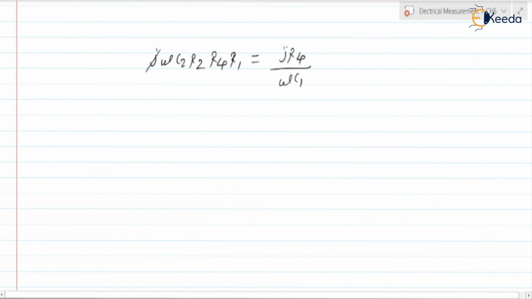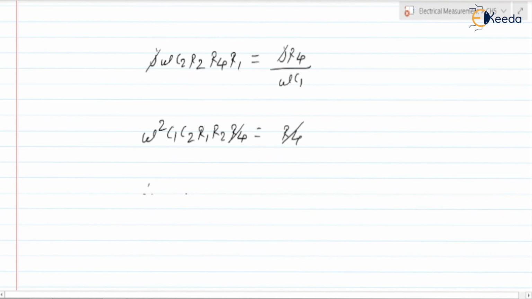Here the j and j get cancelled out. Next, shifting omega to this side, it is omega square into C1 C2 R1 R2 R4 is equal to R4. R4 gets cancelled out.